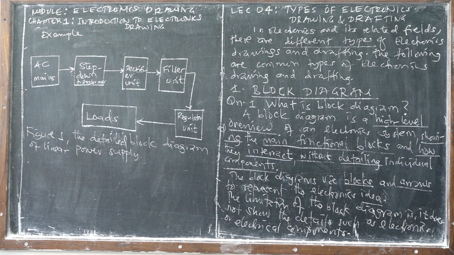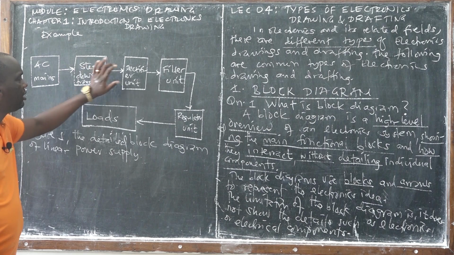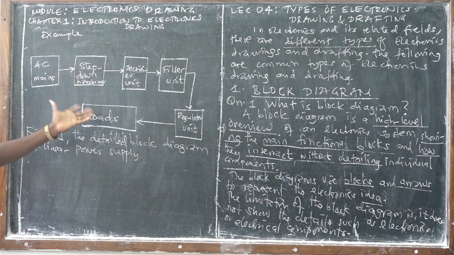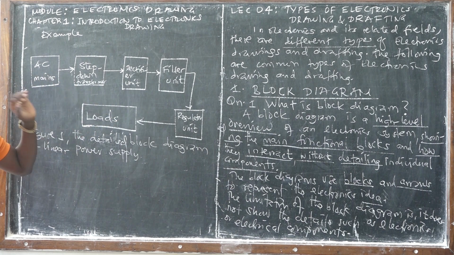In these block diagrams, you just see blocks. These blocks are subsystems of the entire system. Let me repeat, because some students are not listening. In block diagrams we represent the idea using blocks and arrows, and those blocks represent subsystems. This is a linear power supply system.